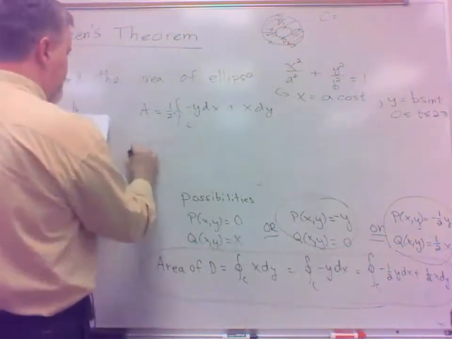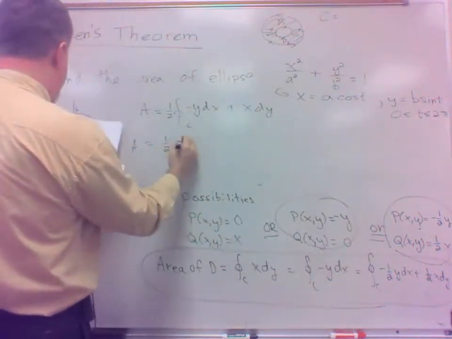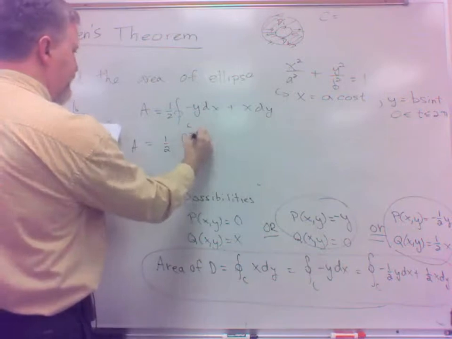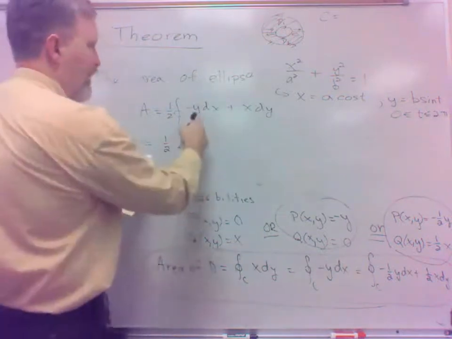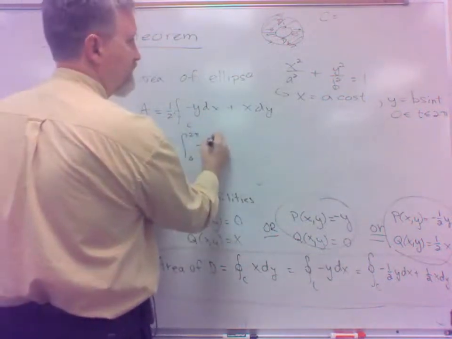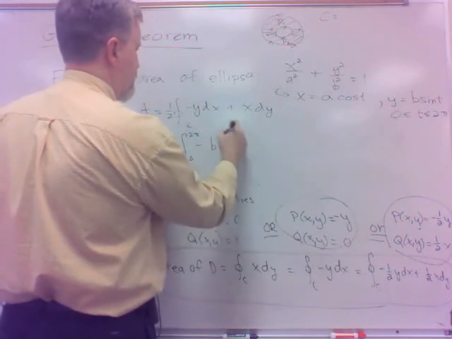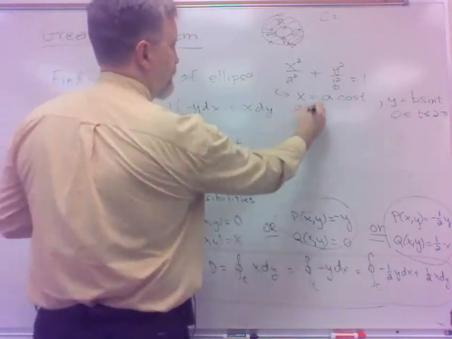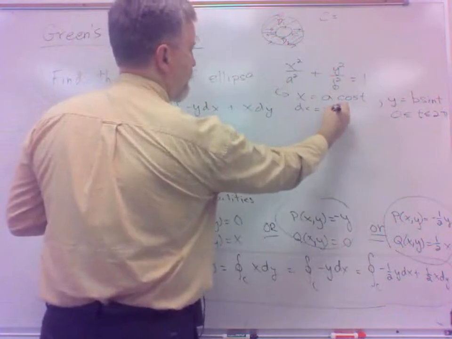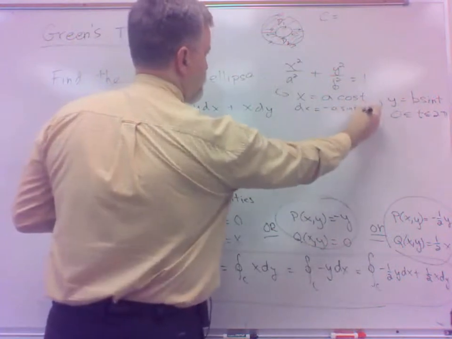We've got the area equals a half, then the integral 0 to 2 pi, y, so we have negative y, so it'd be negative b sine t, and then dx would be negative a sine t dt.